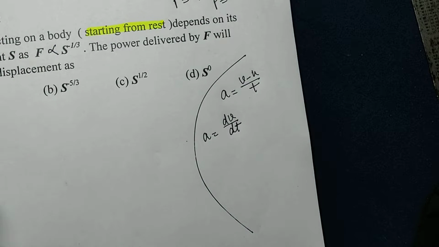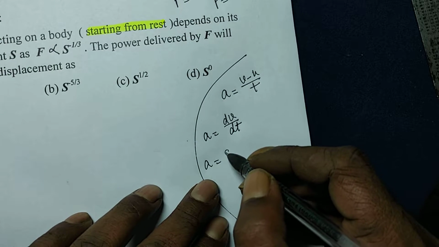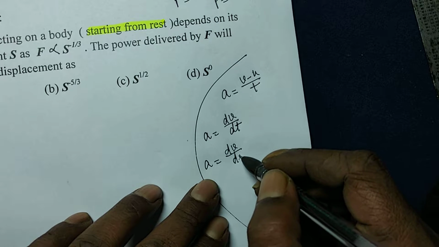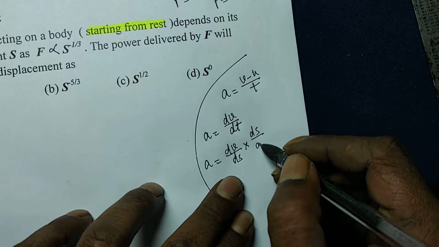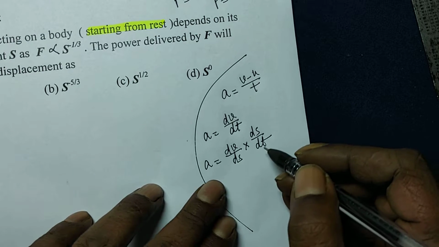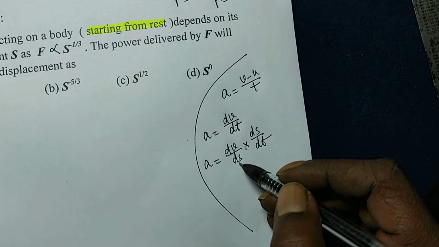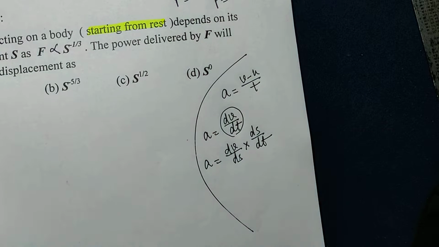Now what is interesting here, this can further be written as dv over ds, where ds is displacement, multiplied by ds over dt. I have not made any changes. I have divided by displacement ds and I have multiplied, so it remains same as dv over dt.